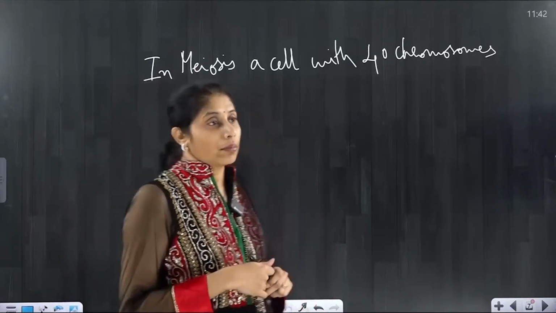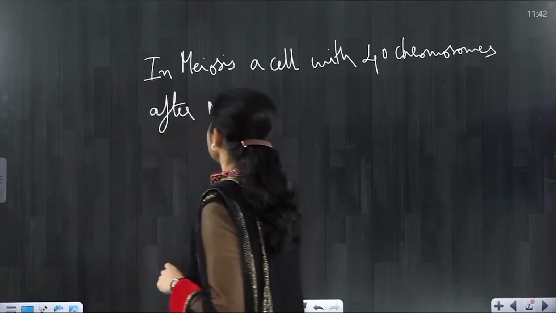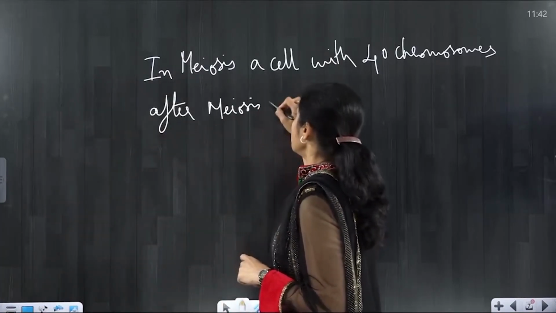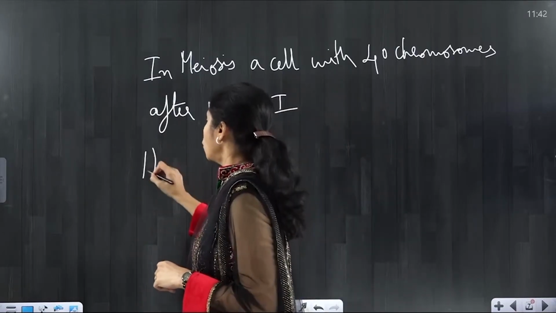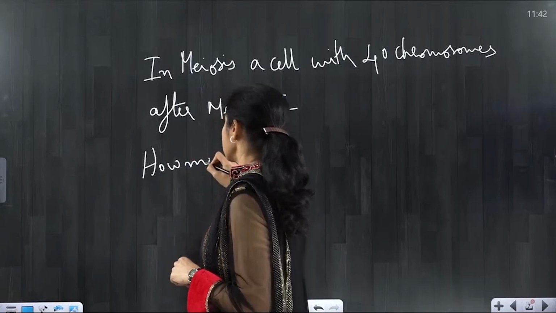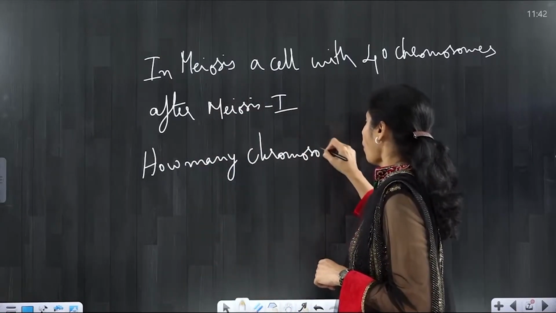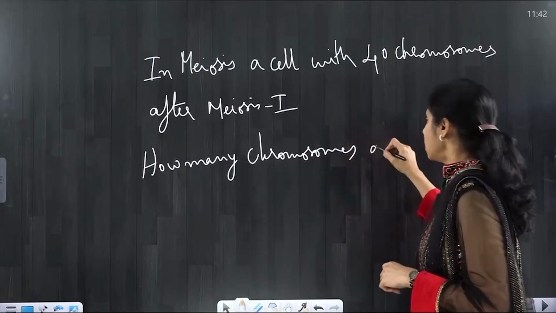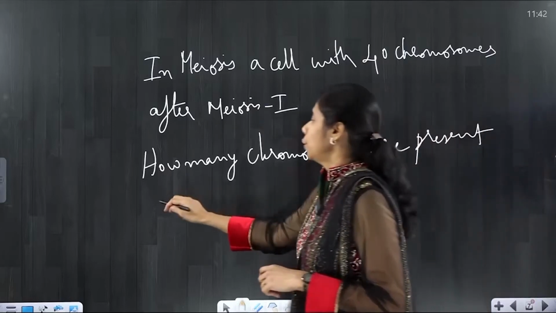Then after meiosis-I, how many chromosomes are present in the daughter cells?